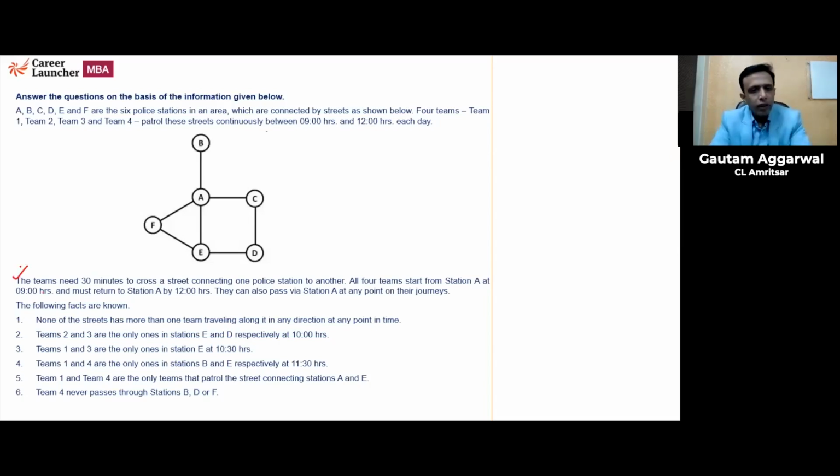Each team would cover the street in 30 minutes and they can also pass by a station at any point on their journey. So what we need to figure out is the relative position of each of the teams at each of the points, from 9 to 9:30, then from 9:30 to 10 o'clock, then from 10 to 10:30.